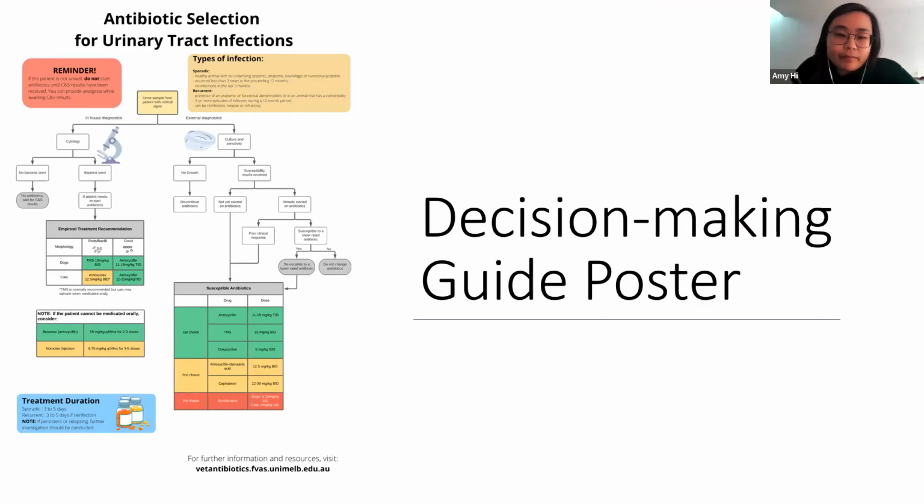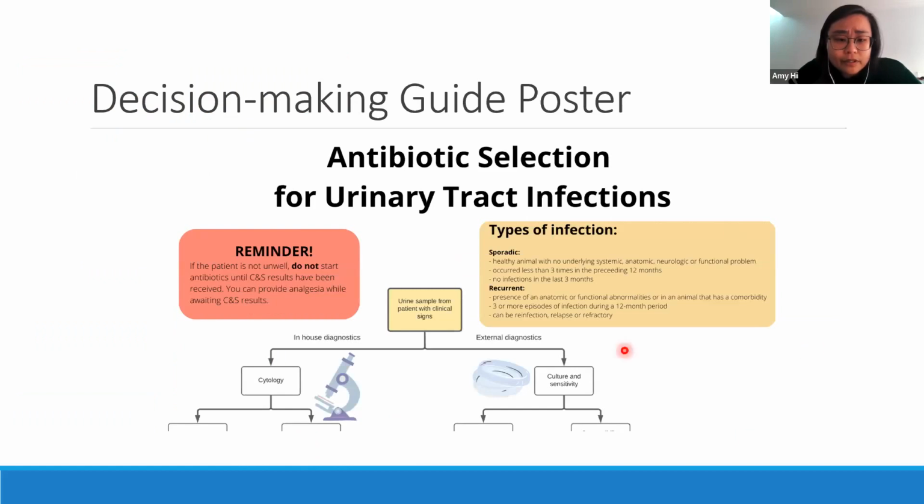This is just the poster that I made, and we use the traffic light system to denote which antibiotics are considered low, medium, or high importance based on the ASTAG ratings. At the top of the poster, I have provided the definitions of the different types of infections, and a little reminder here not to start antibiotics until the results come back, if possible.